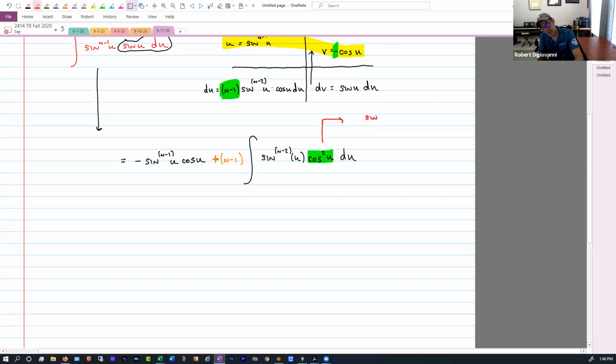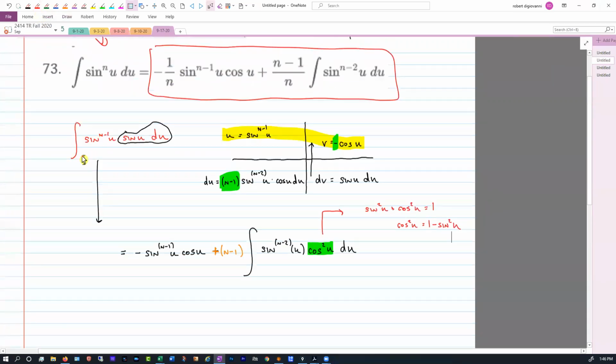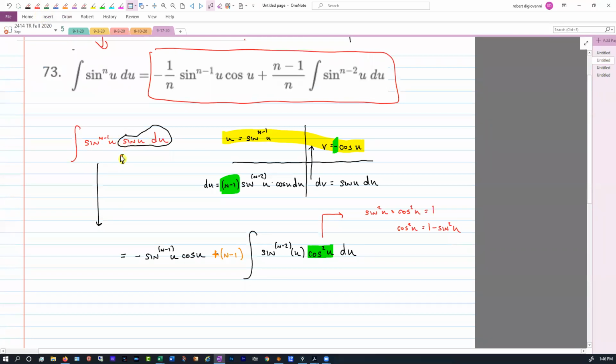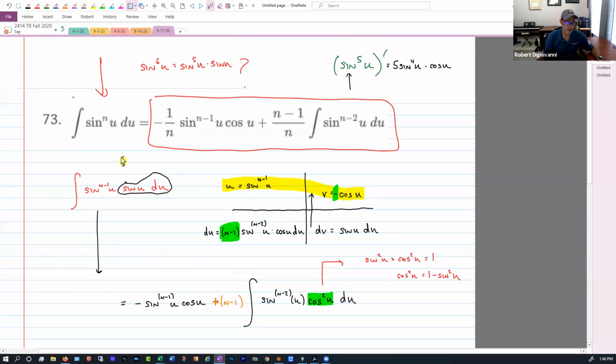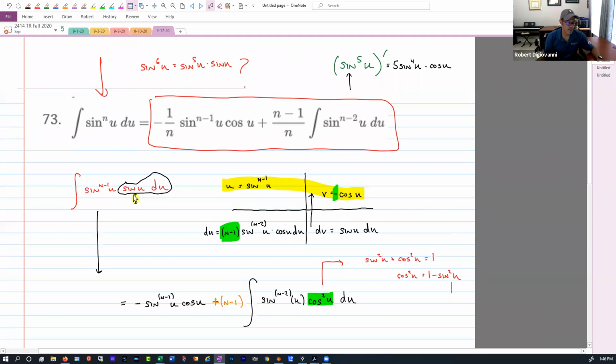Professor, can you hear me? Yes. So the first integral that you see in there, written in red, the sine n minus 1 u du, where did we get that? That's not something given. This is what was given. This is what I did. I split it into two, just like you would be able to split sine to the 6th into 2 pieces.